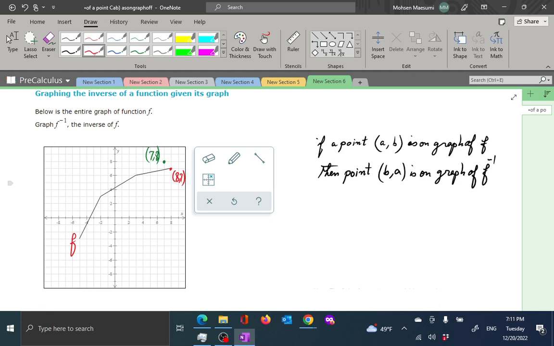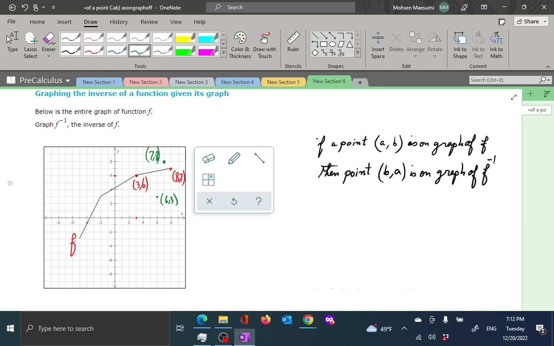Now let's look at the next point here that's easy to detect. That's the point with coordinates 3 and 6. Okay, so this is 3 and this is 6. So what's a sister point? It has to be 6 and 3. So 6 and 3, that's going to be here.